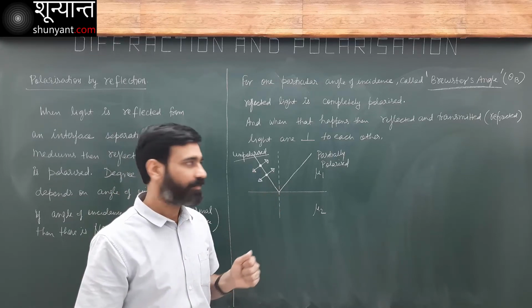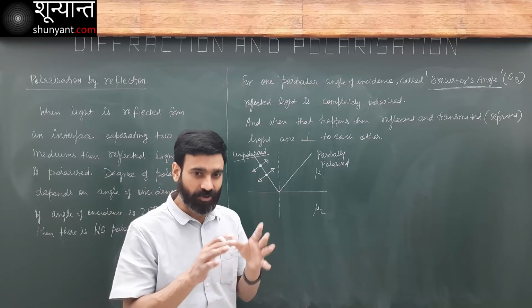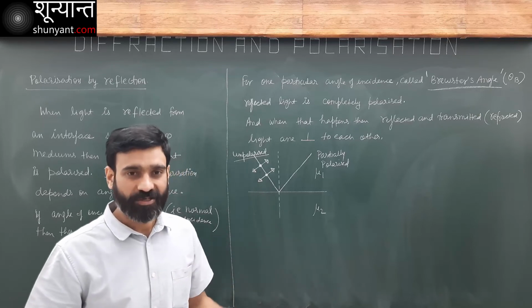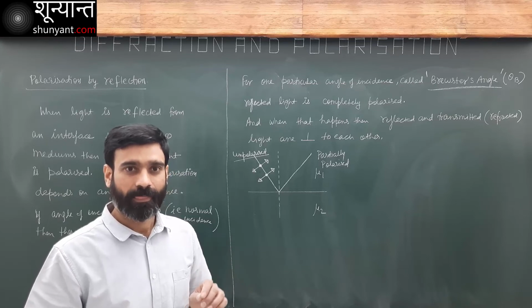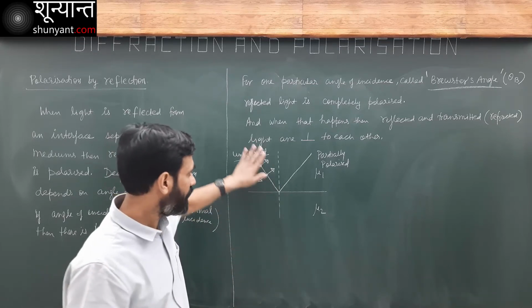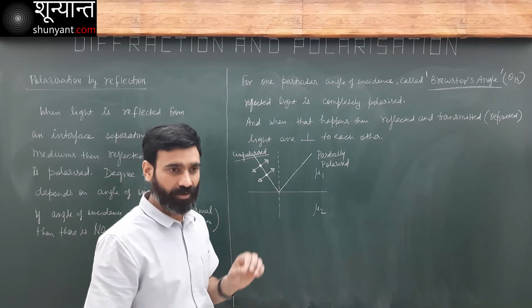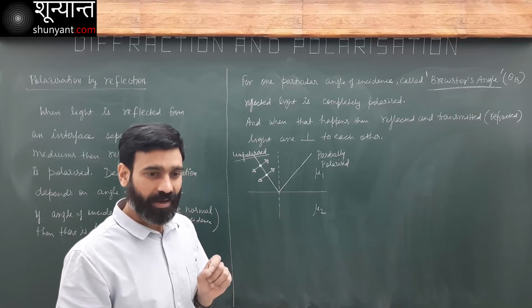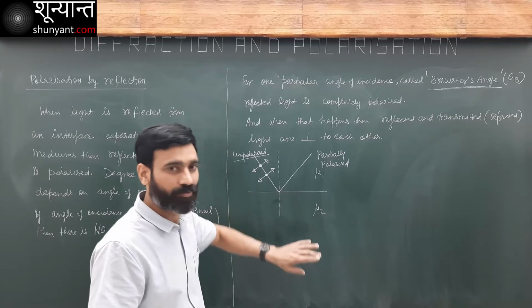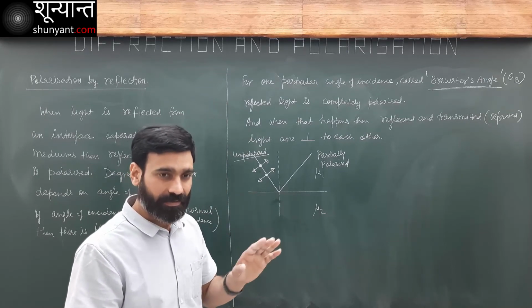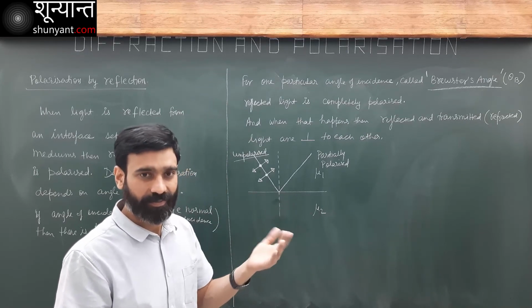What is the meaning of that? That means one of the components is going to be absorbed, partially, not completely. Which component is absorbed? The component which is parallel to this plane. Note it down. The component parallel to the plane is absorbed. Parallel to the plane of incidence.